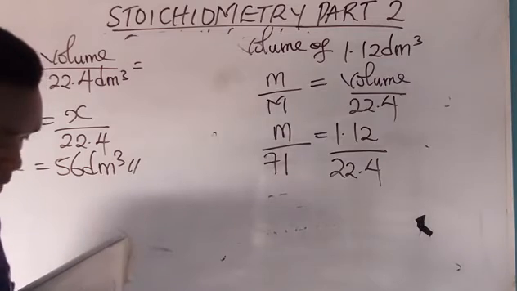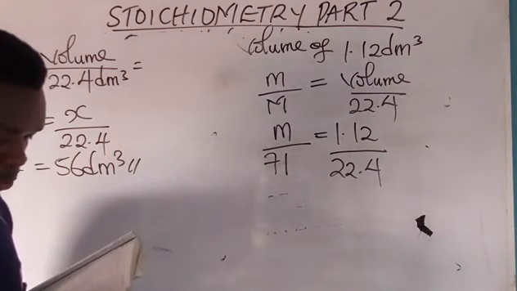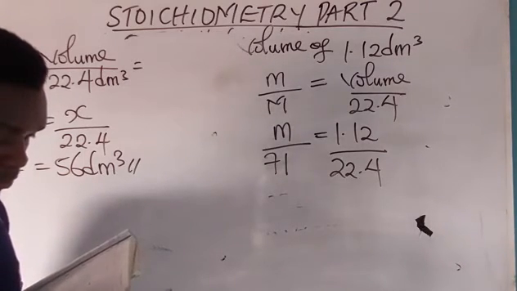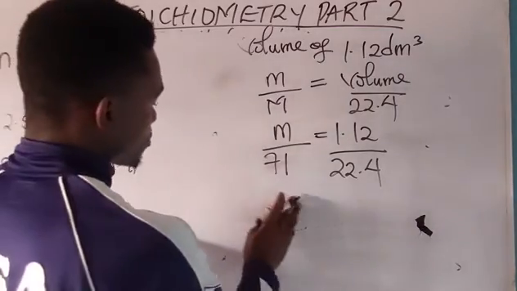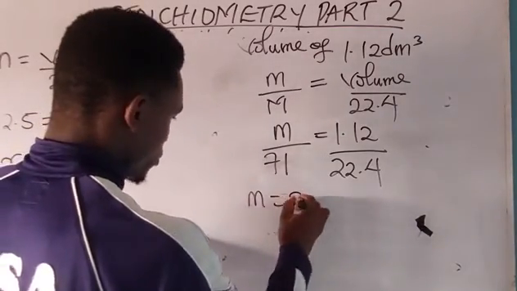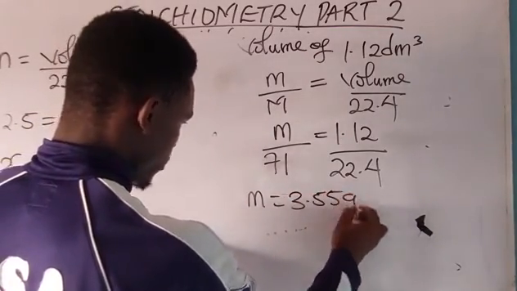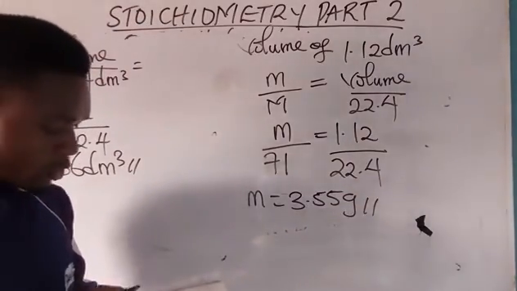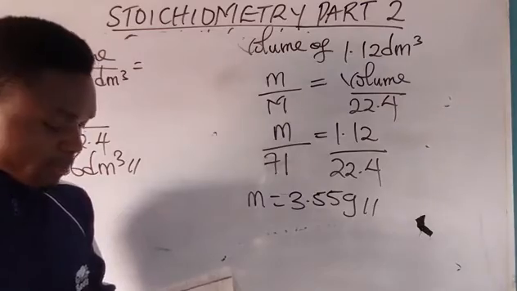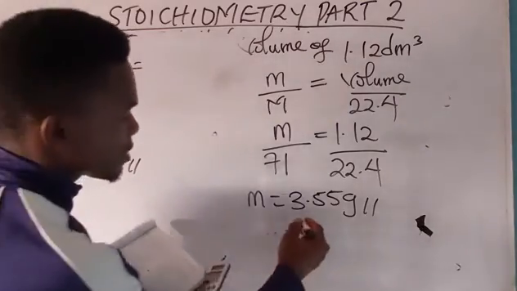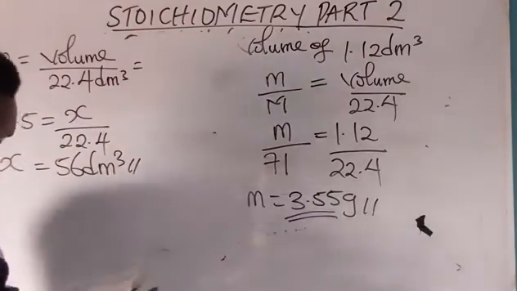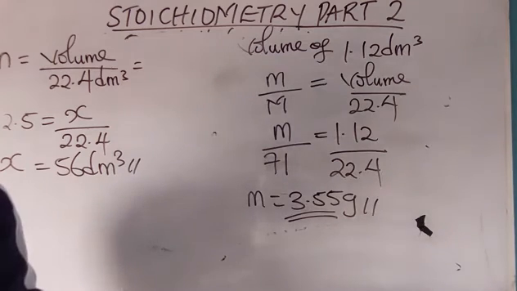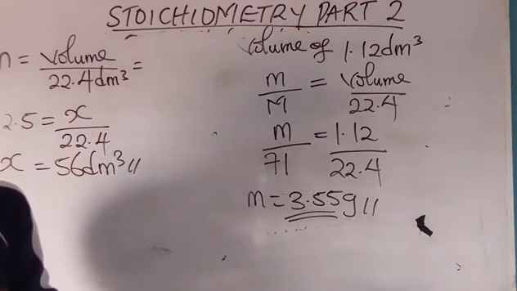You divide by 22.4 equals 3.55 gram. So mass is 3.55 gram. Let me check if the options are here. Yeah, you have it to be 3.55 gram. It is very, very correct. So that is for that. It is very, very easy.